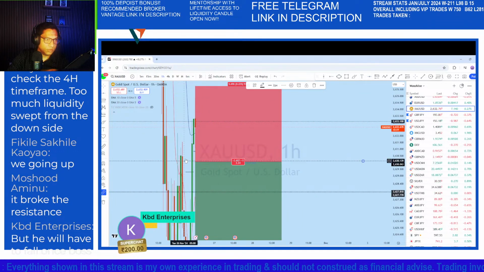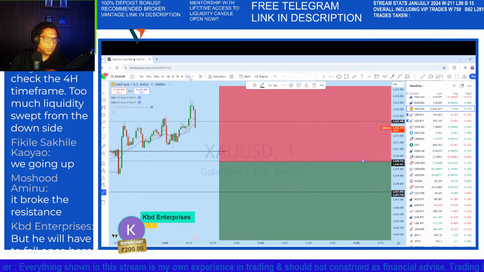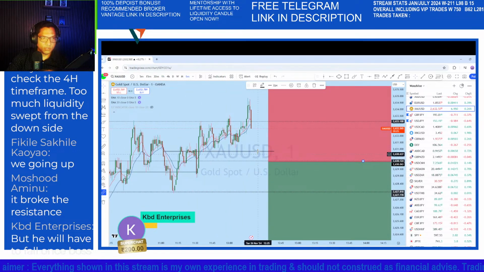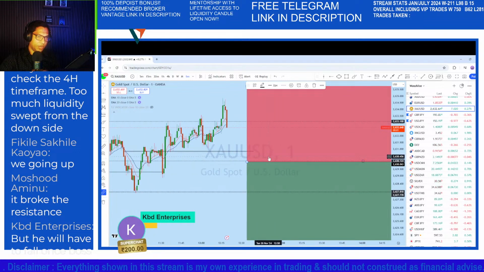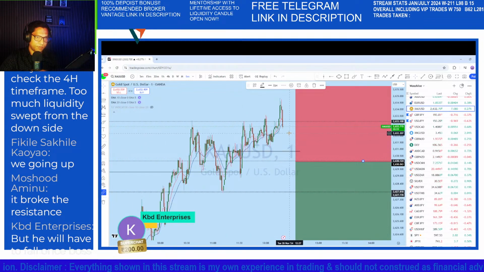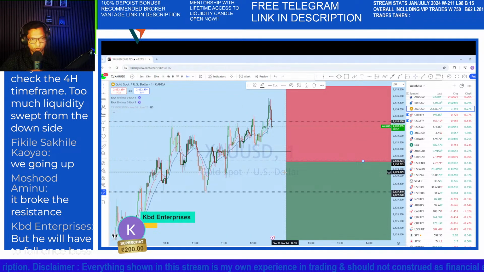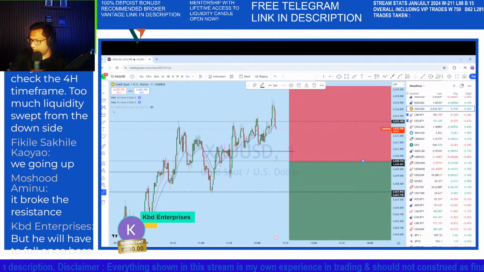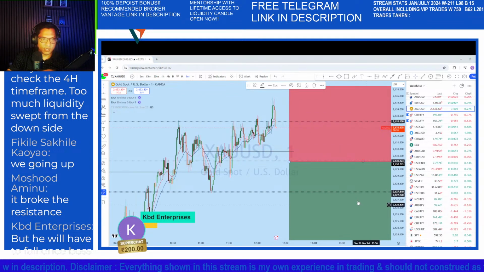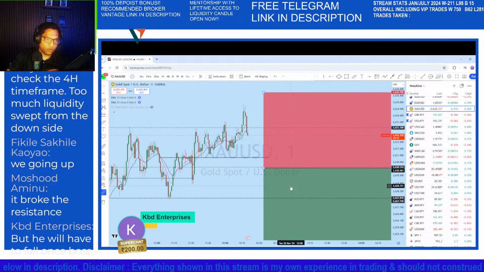So this is our entry point. Okay, now it's breaking below, so that break might bring the price to the support, and if it is coming below our entry as planned, we will be exiting, because this is the plan for this trade.